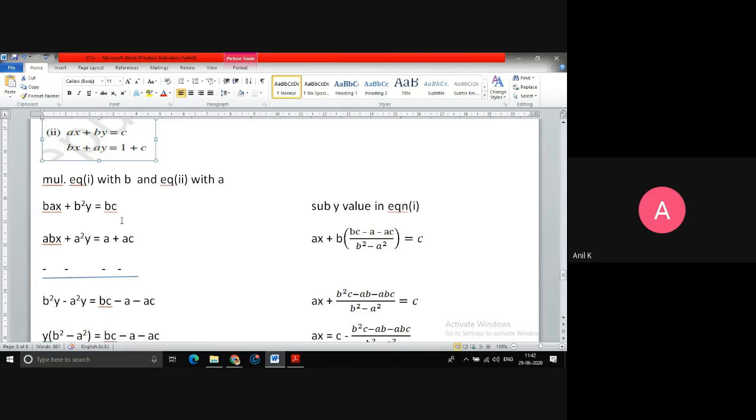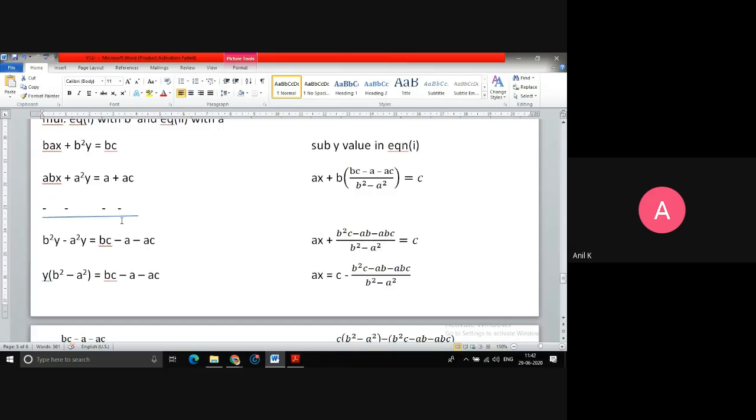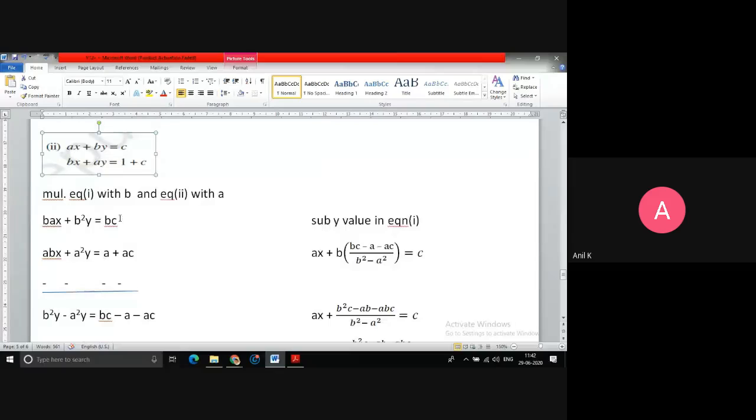So I use the elimination method here. I want to eliminate, for example, x. Here the x coefficient is a. In the second equation, the x coefficient is b. I'll take the first equation as equation 1 and the second as equation 2. Can anyone tell me what I should multiply equation 1 with and what I should multiply equation 2 with so that the x coefficient will be the same?